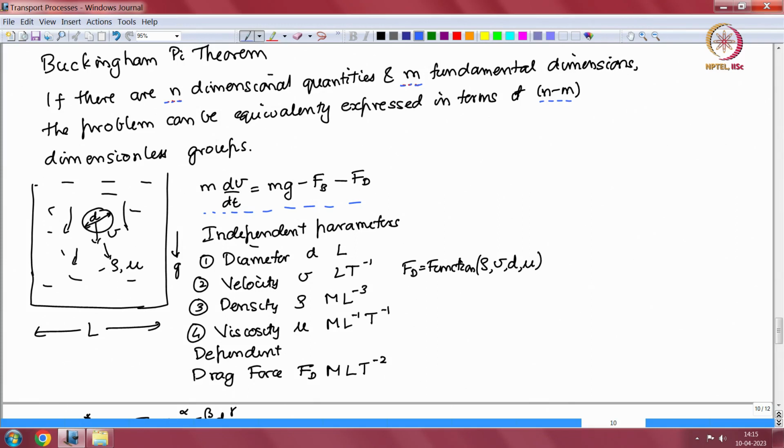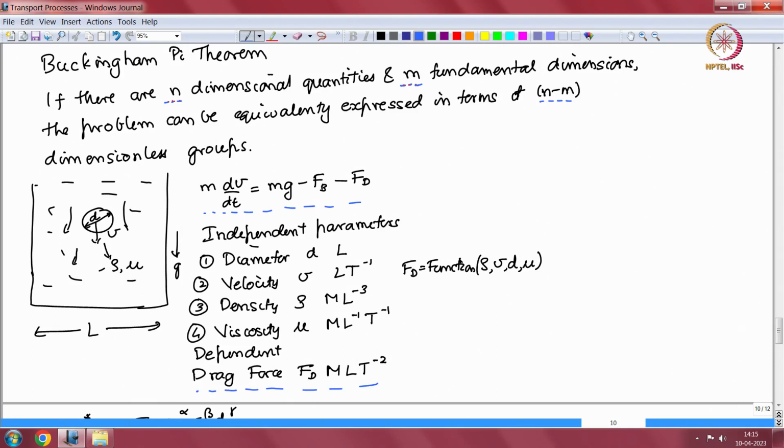So, in any problem you have one dependent group and a set of n minus 1 independent groups. The independent groups are what are specified, and the dependent quantity is what you want to determine. In our case, the dependent quantity was the drag force Fd with dimensions of force, mass times acceleration.